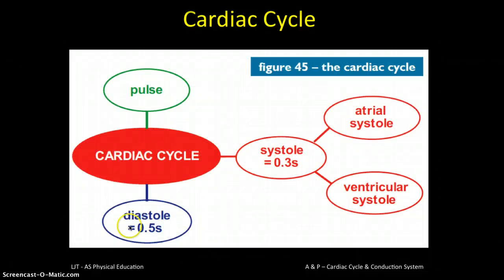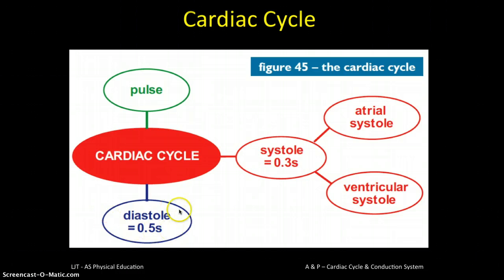Here's a little overview. So the cardiac cycle itself is what we measure. If we use a heart rate monitor or manually take our pulse, that is basically the number of these cycles that occur per minute. So 72 beats is 72 cardiac cycles per minute. And we've talked just previously about the two phases, diastole and systole.